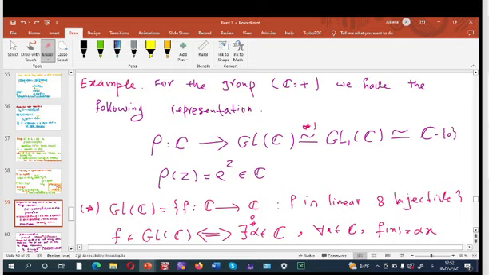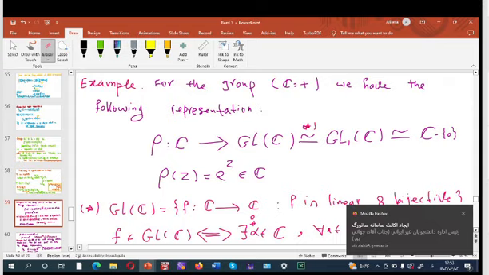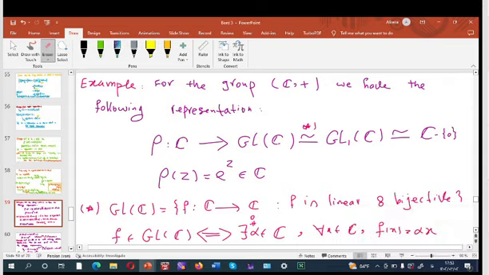But we know that GL of E, the set of all continuous and bijective functions from C to C, is equal to the set of all non-zero matrices over complex numbers, because we know that GL of C equals the set of all F from C to C such that F is linear and bijective.